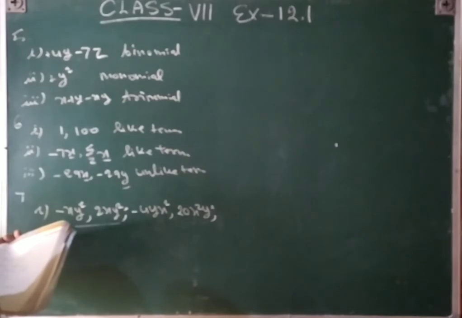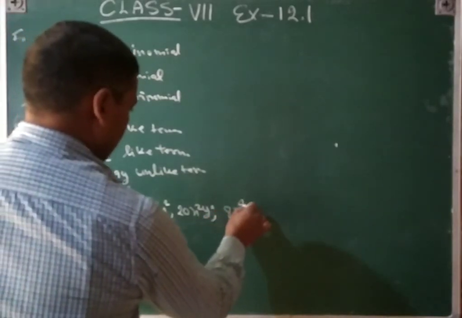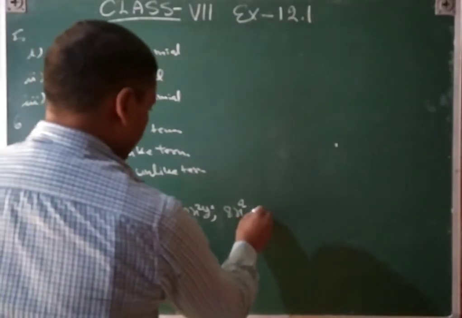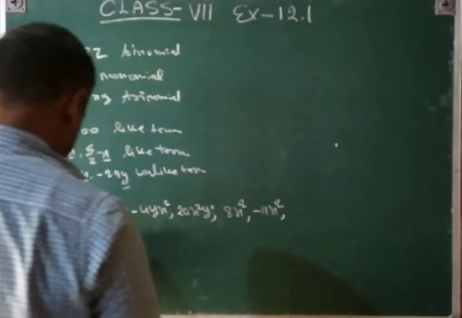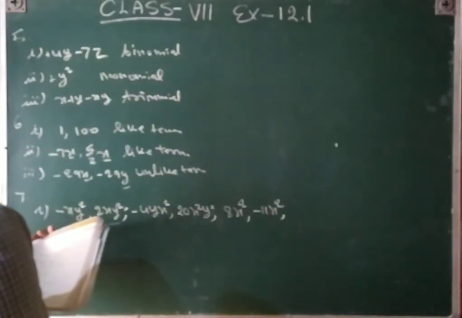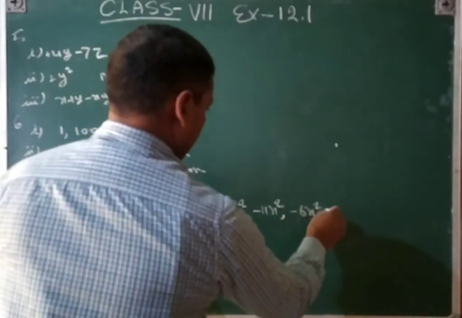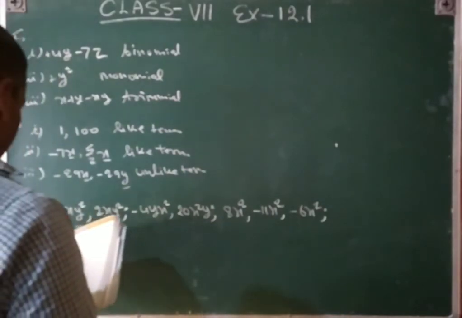And then now we will see the x square terms, 8x square. So x square terms we are looking at here, so that is 11 also, minus 11x square, and then 11x square. Anything else also? Yes, minus 6x square. Right, the next x square terms we have also taken.